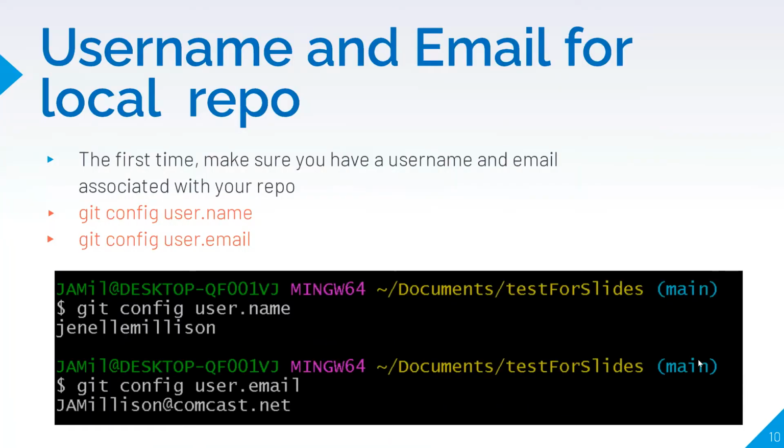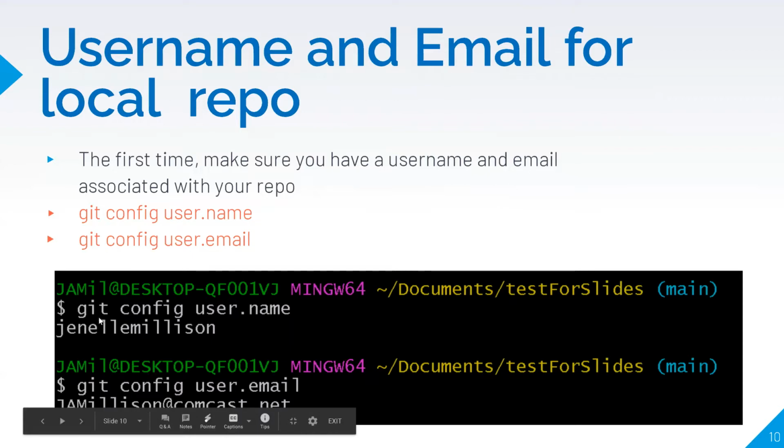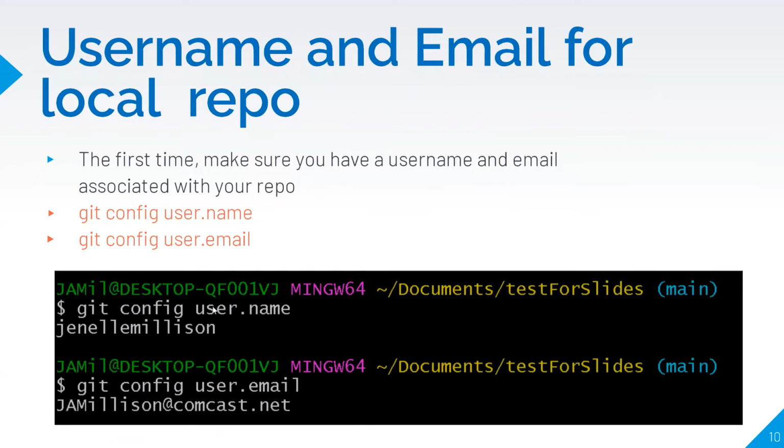All right, and so the first time that you do this, it might prompt you for your username and your email for your GitHub account, just so that it can make that connection. If you're already logged in, like I was, this was fine. I just typed git config user.name and it popped up with my username, and then it popped up with my email.